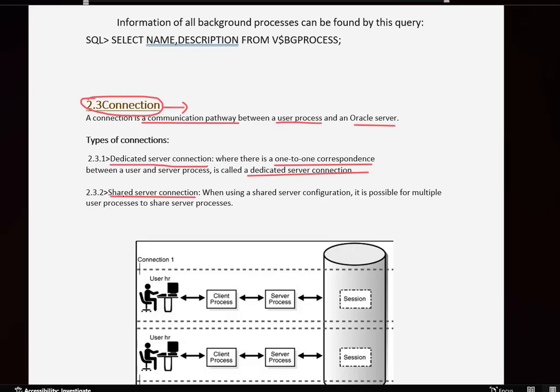And another is the shared server connection. So what is a shared server connection? When the connection is established between the user and the Oracle server process, in between, one server process will work for several users.